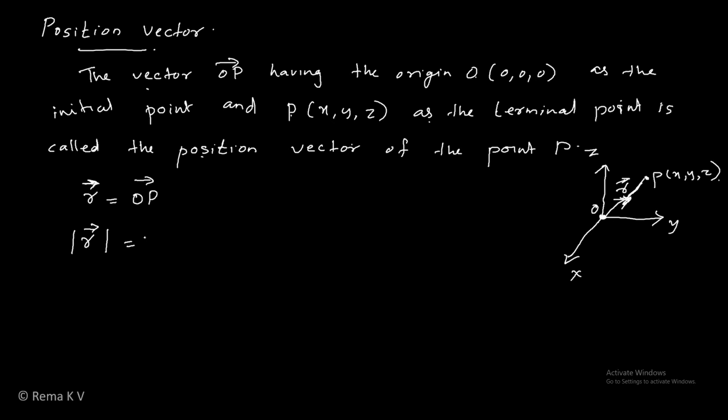Magnitude means length of this line segment OP. You know that the coordinates of this point are 0, 0, 0 and coordinates of this point are x, y, z. How can you find the length of this line segment?